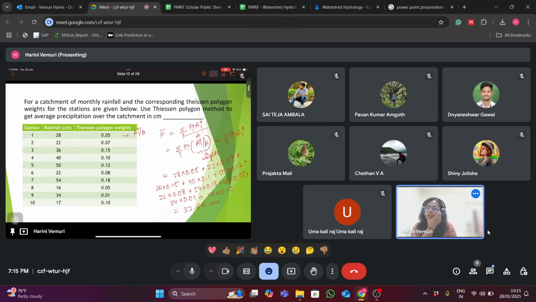So the areal average precipitation over the catchment will be 32.66. The answer should also be in between 32 to 33.